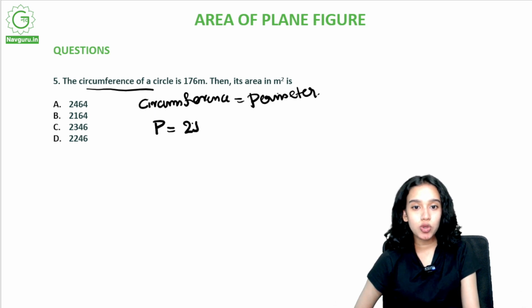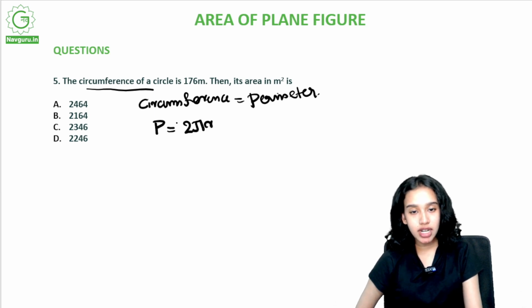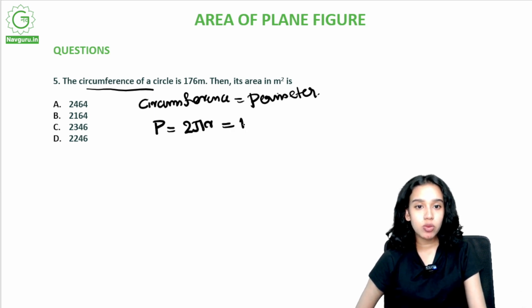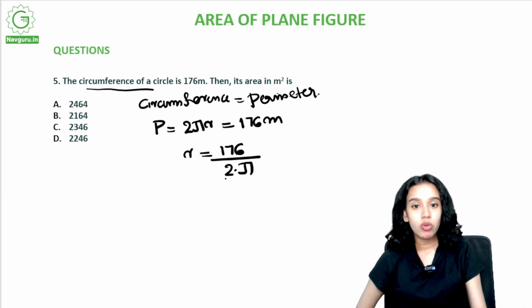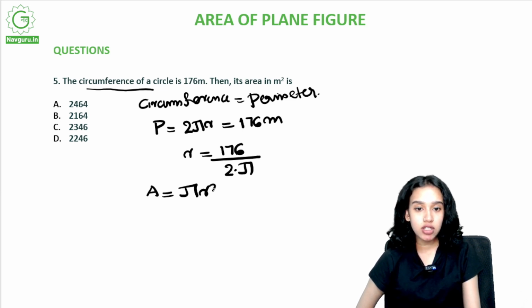It's 2 into pi into r, right? So 2 pi r is equal to 176 meters. It's given, so let's find r from here. R is equal to 176 divided by 2 into pi. Now what is the area of a circle? Area of a circle is pi r square.